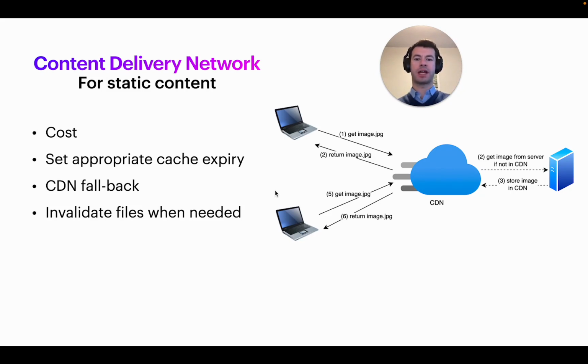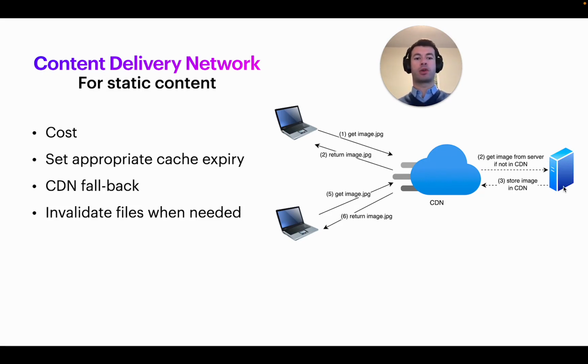wants to retrieve an image, and first it checks the CDN. If the CDN has that data, it'll return it back to the user right away. But if it doesn't, it goes to the origin. The origin could be a web server or object storage.